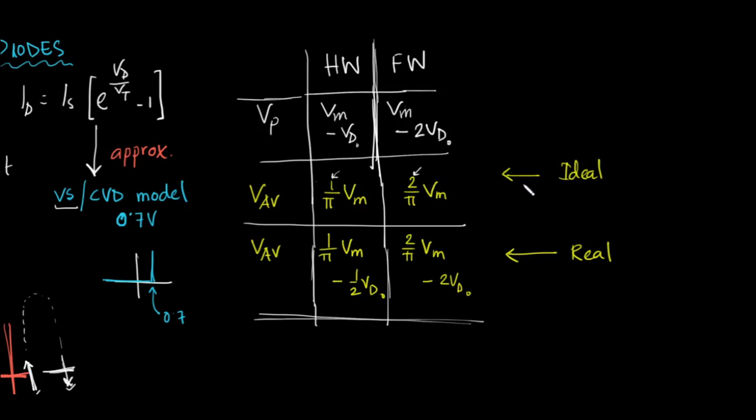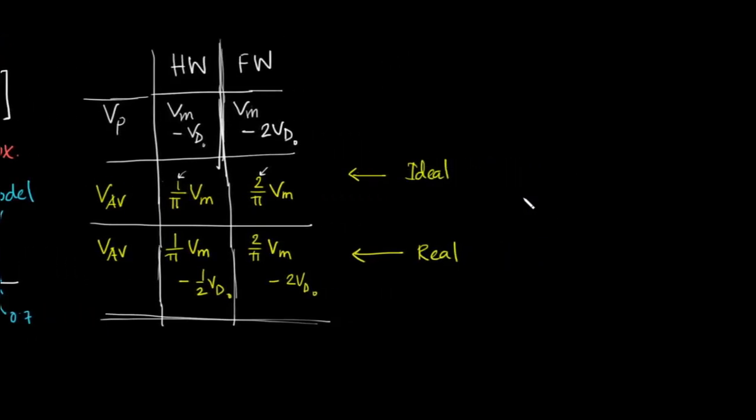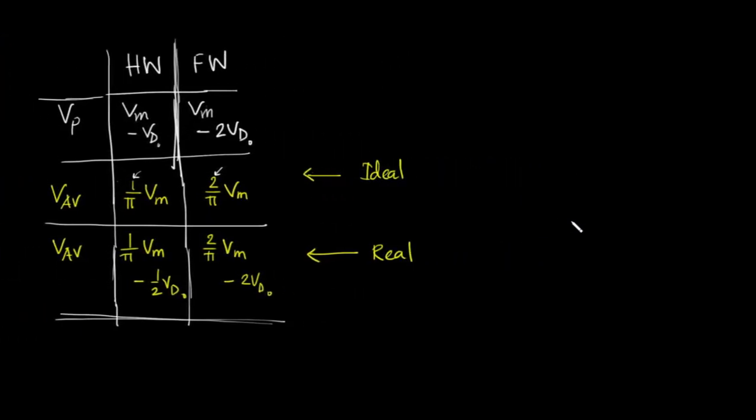As we had intuitively known beforehand, since the full wave rectifier is also passing the negative cycle of the input voltage, the average value of the output voltage should be greater, and it actually is. If we use a real diode, it is still greater, but there is some loss. For a half wave rectifier, we have half Vd naught amount of loss, and for a full wave rectifier, we have 2 Vd naught amount of loss.